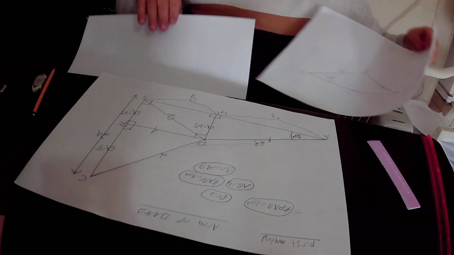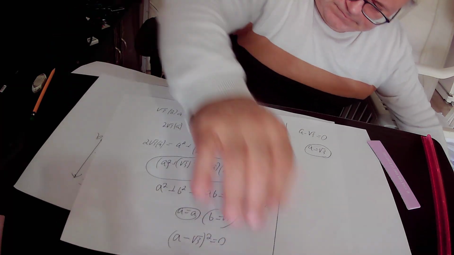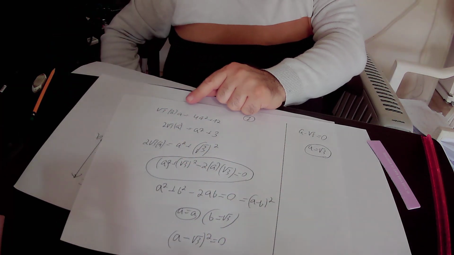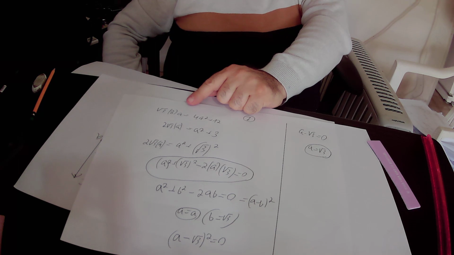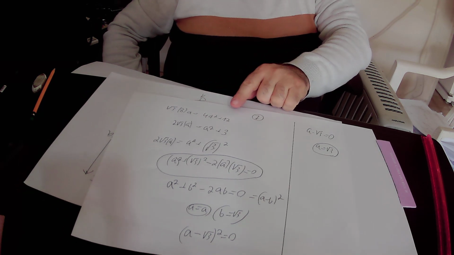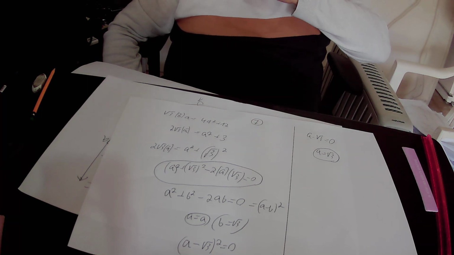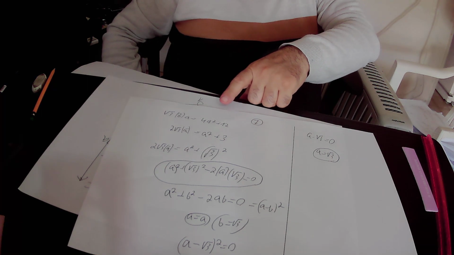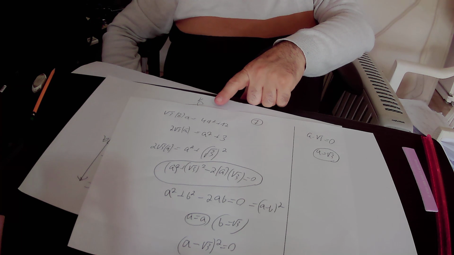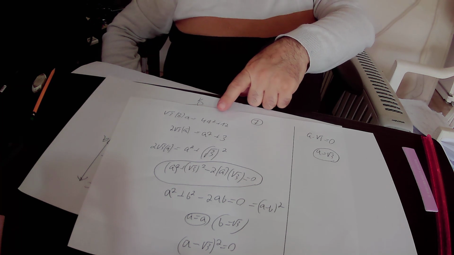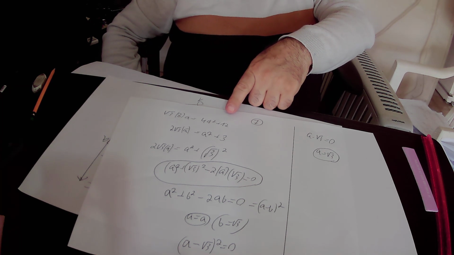So we got that square root of 3 times 8A equals 4A squared plus 12. Here we divided this equation by 4. 8 over 4 is 2, 4 over 4 is 1, and 12 over 4 is 3.